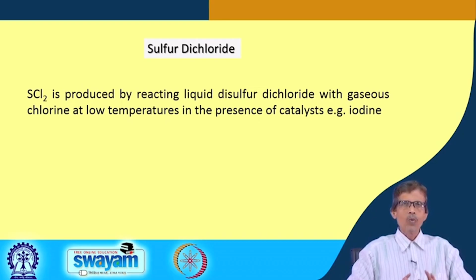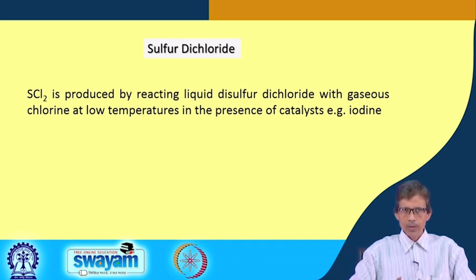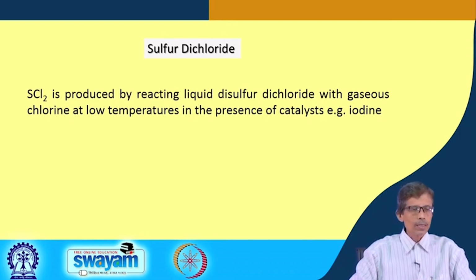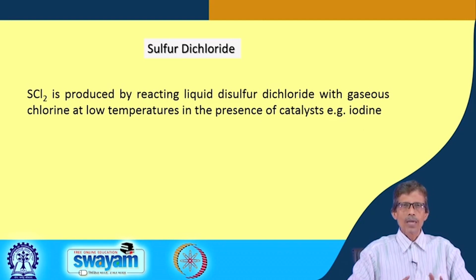We have seen how we can make a direct reaction of chlorine and S8, that means the elemental sulfur, for the production of S2Cl2, not this SCl2. From there, if we take out one of the sulfur atoms from that molecule, we will get SCl2.